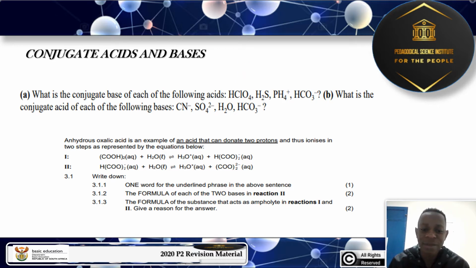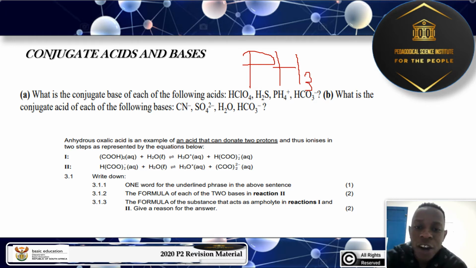So let's do number 3. Now we have PH4 plus. It's going to donate only 1. We are going to have P, then H. There were 4 H's here, now we are going to have 3.